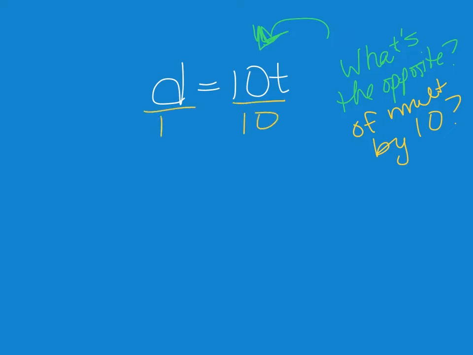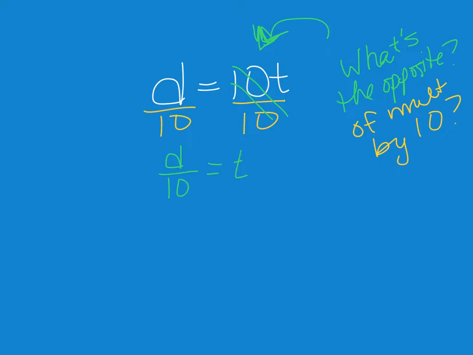And we would do that on both sides of the equation. Now, when we've done this before, there's been a number on the other side, so we're actually doing some type of division. In this case, it remains a variable. So we're still crossing this out, and we're left with d divided by 10 equals t.